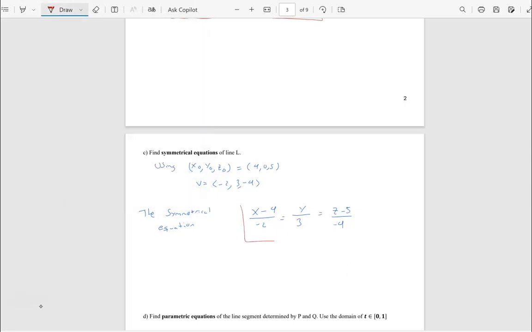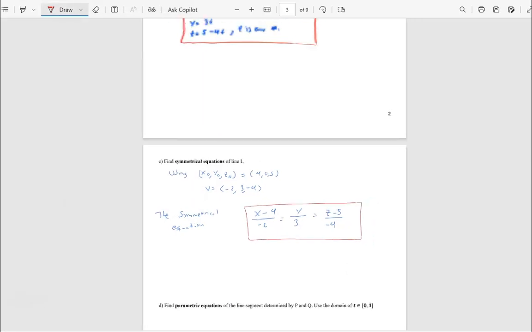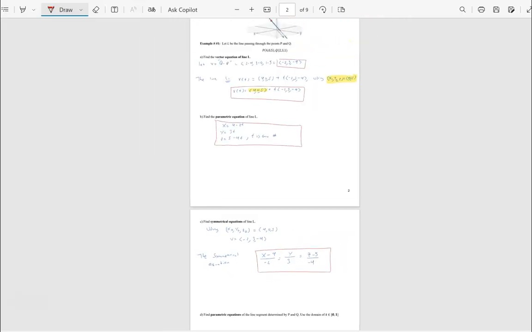All of these three are ways of expressing the same line, just in a slightly different format.